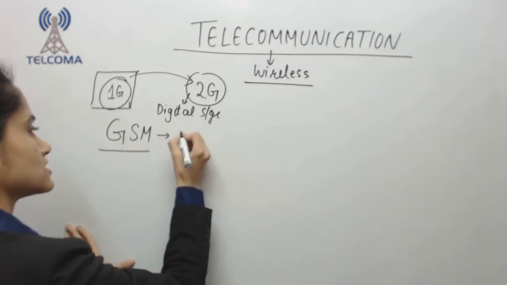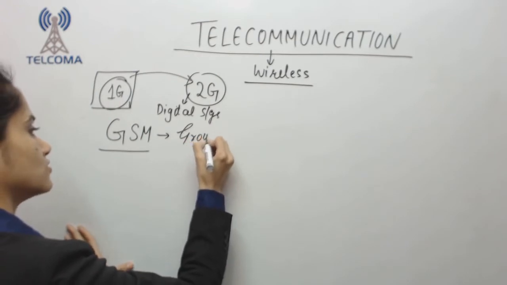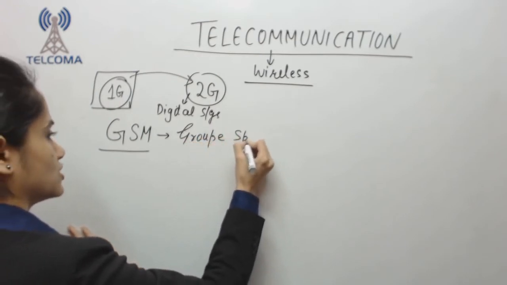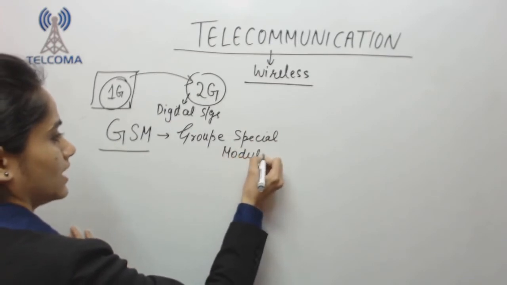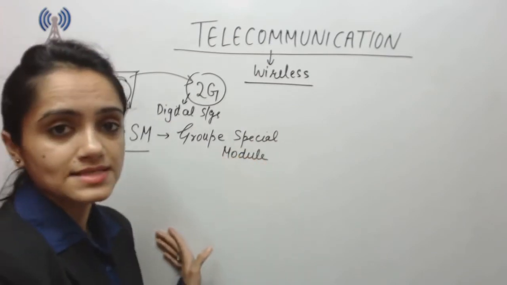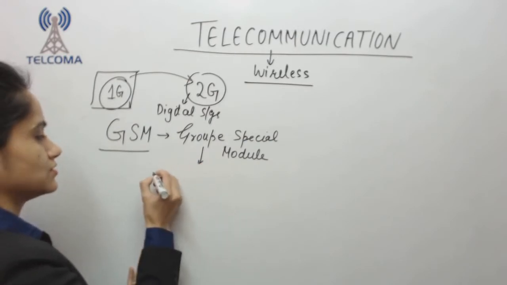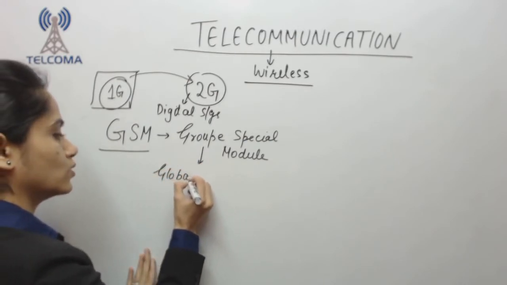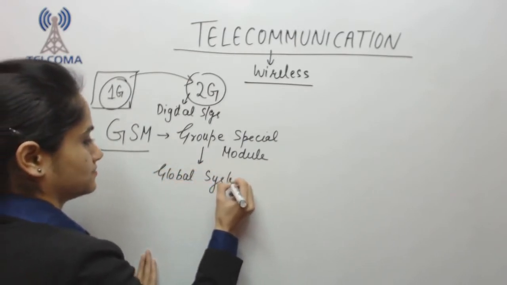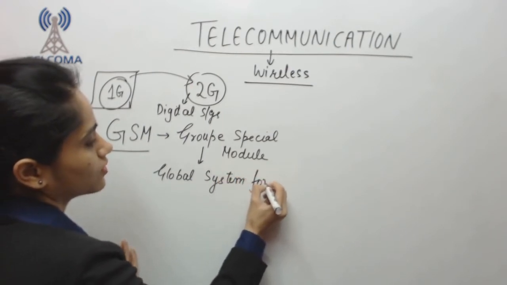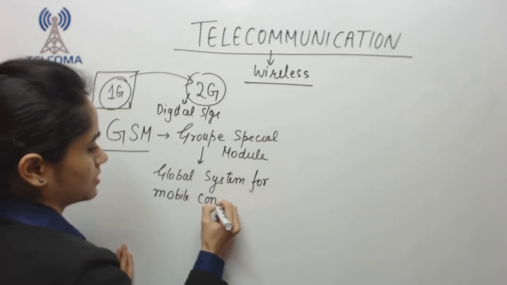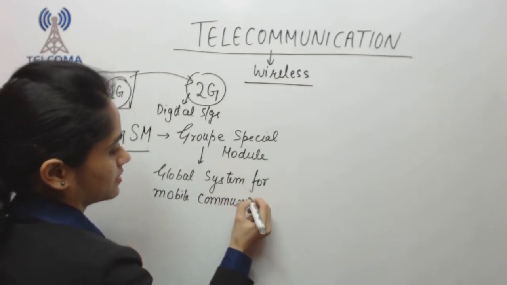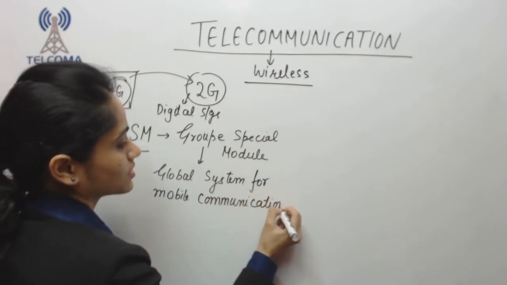When it was discovered, its name was Groupe Spécial Mobile. After it was globally accepted, its name changed to Global System for Mobile Communication, because it became a global standard.